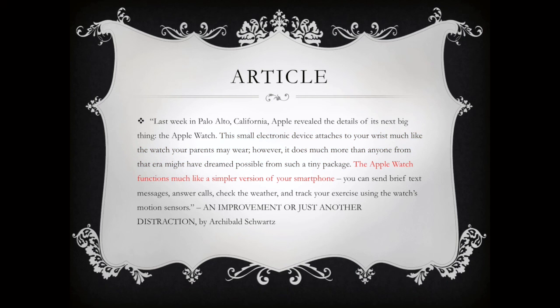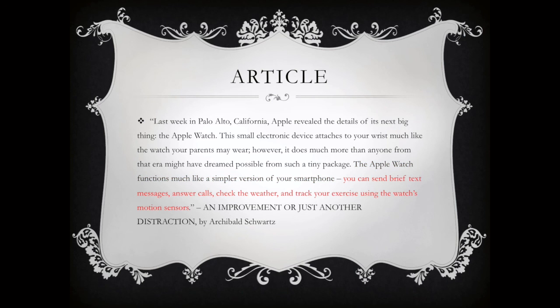The Apple Watch functions much like a simpler version of your smartphone. Now, finally, we have a direct kind of answer. What does the Apple Watch do? Well, it functions a lot like your smartphone. It's just a smaller version of your smartphone on your wrist.